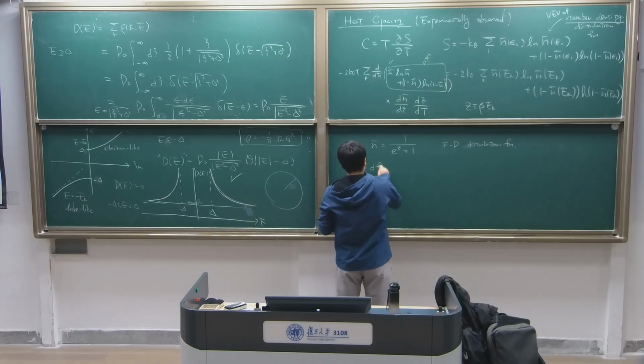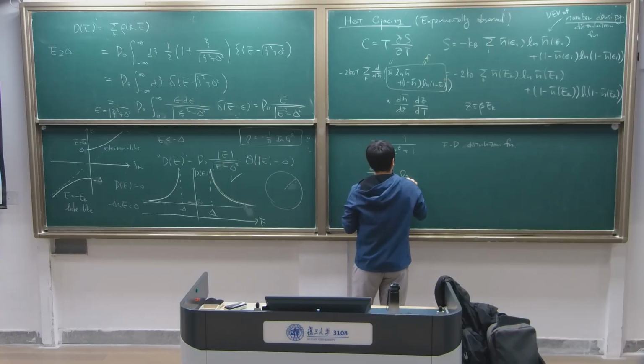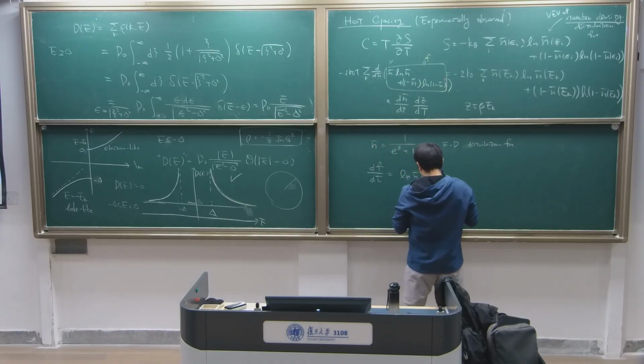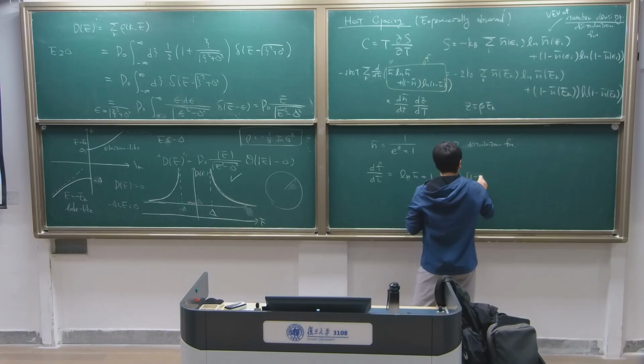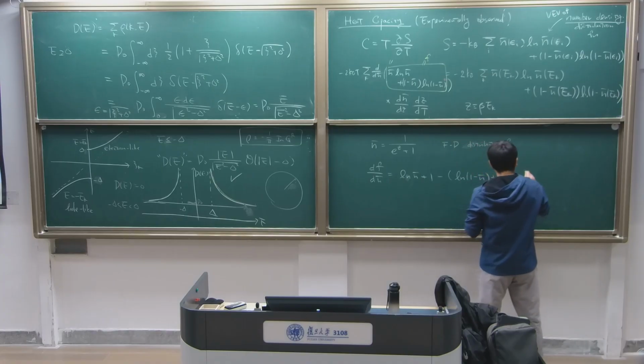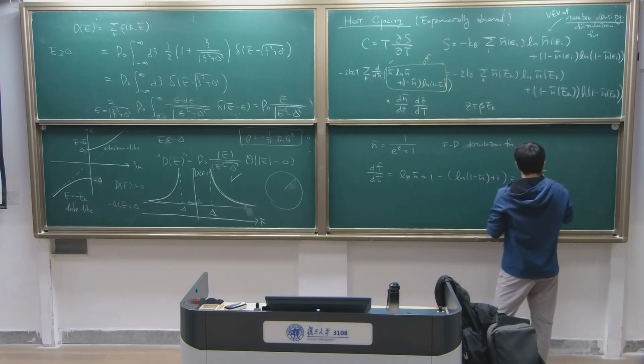So the first term is given by log n bar minus log of 1 minus n bar, which is log of n bar over 1 minus n bar.